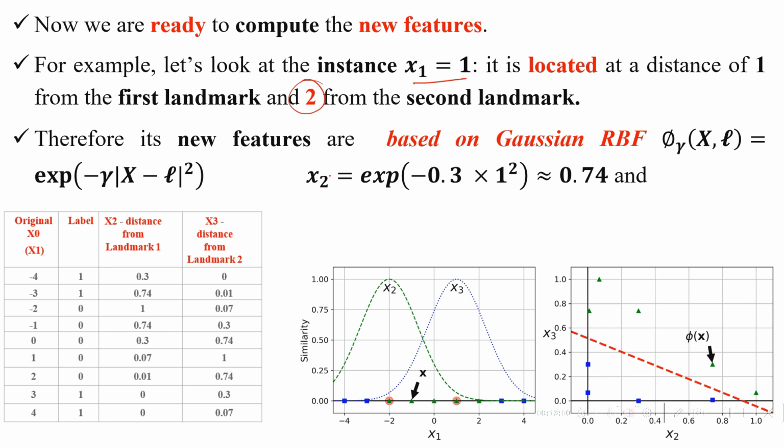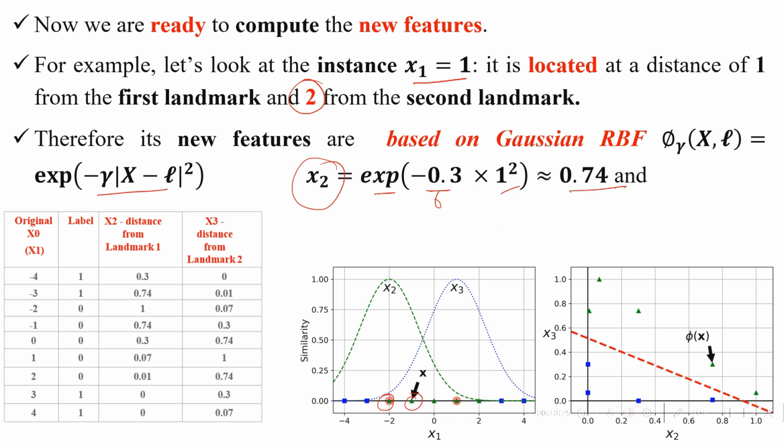So now we are going to find the new value equal to exponential of minus 3, minus 0. That is the gamma value, and here x is 1 minus 1, and the corresponding landmark is minus 2 minus of minus 1, equal to 1 square, whole square.